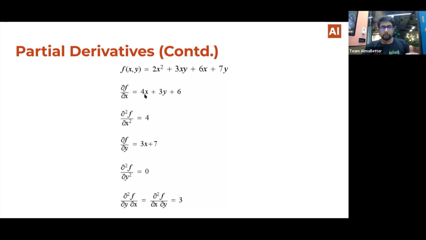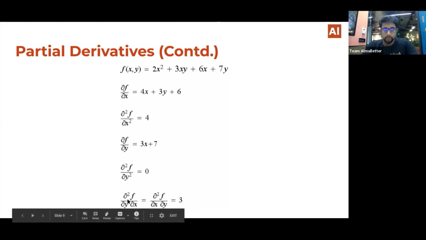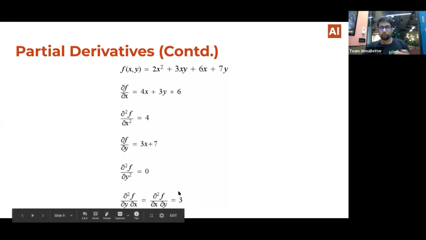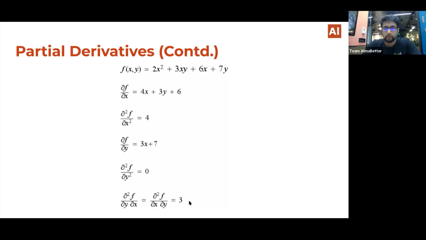So then you will treat x as a constant now, right? So this part will become 0, this part will become 0, you will remain with 3, right? This is one of the important properties wherein either you first take the derivative with respect to x and then with respect to y, or you change the order. Let's say you take the derivative with respect to y first and then with respect to x, both of them will give you the same value. Okay, so this is another one of the properties.